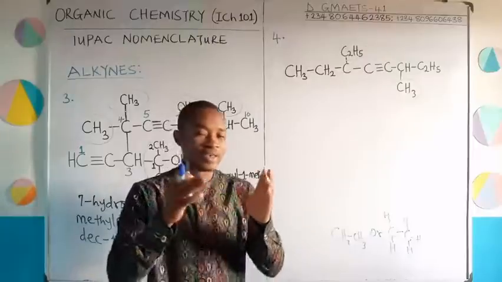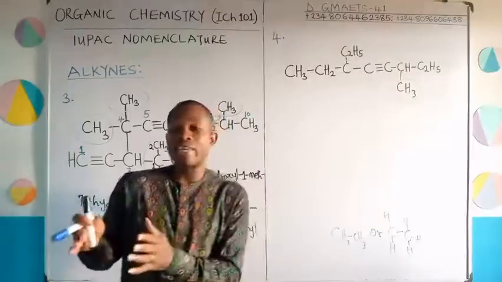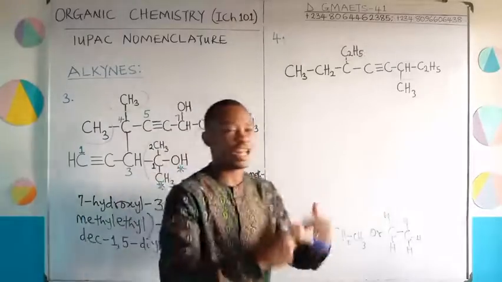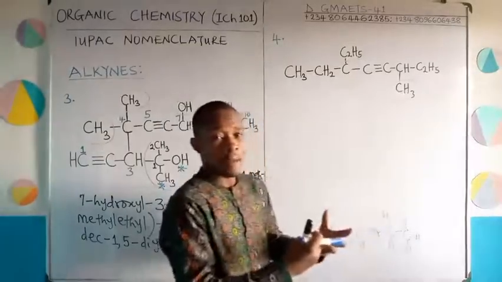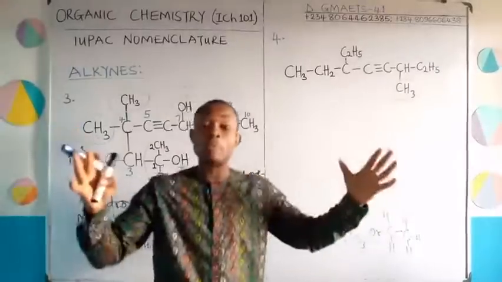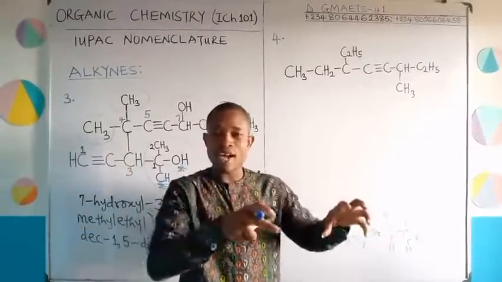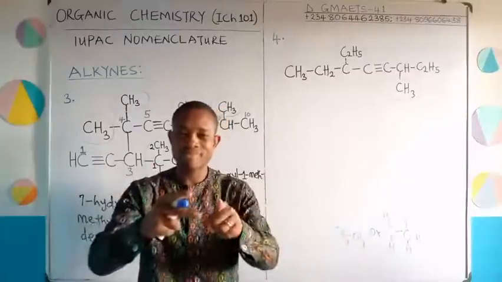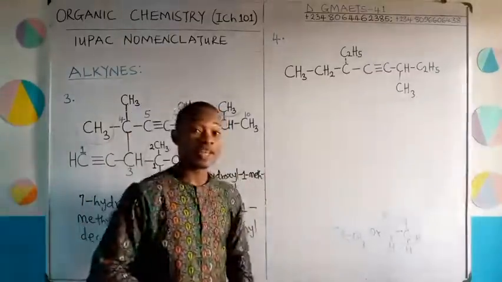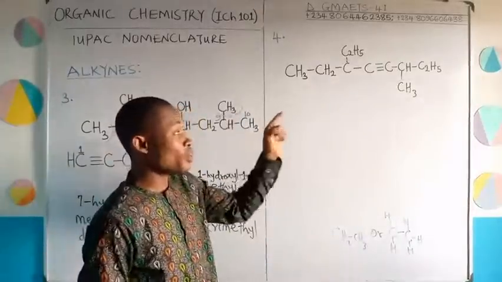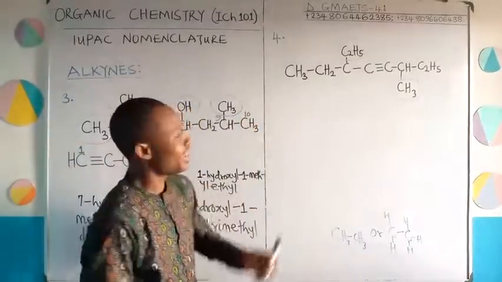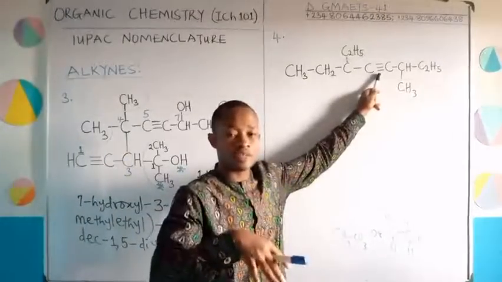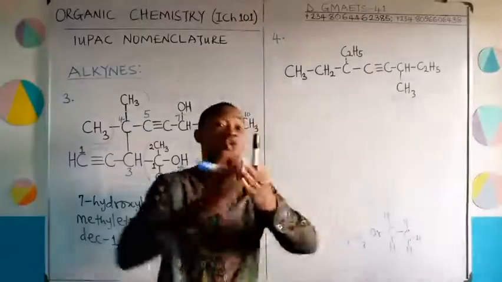This difference is very significant because under alkenes, we were able to avoid the challenge that was posed to us by that bond being symmetrically placed. We were able to avoid that danger by considering the side we had more attachments. If you've taken that video, you will understand what I've just said. In this case, we have a lot of problem here because if we now find out, yes, the triple bond is symmetrically placed. Yes, it divides the structure into two equal parts.